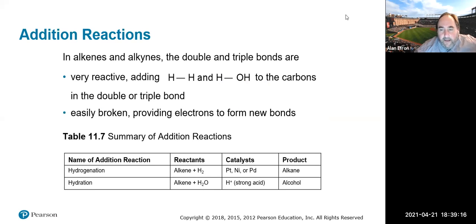So let's talk about a couple of different types of addition reactions. In alkenes and alkynes, the double and triple bonds are very reactive. And there's really 2 types. One is what is sometimes referred to as a symmetrical addition.